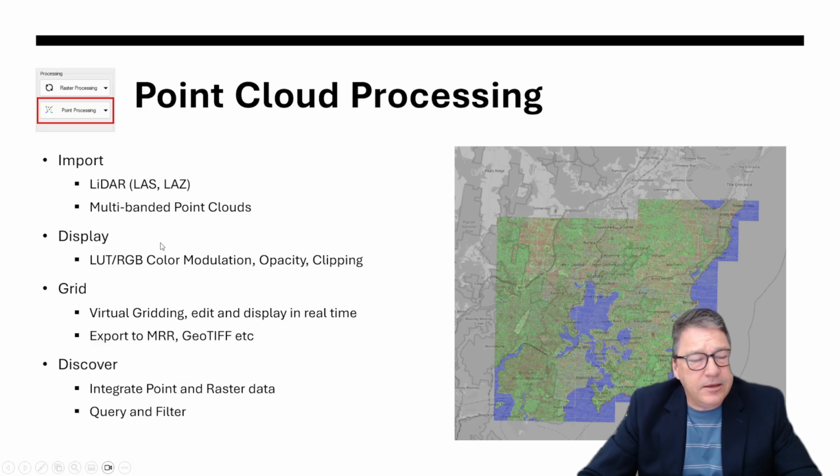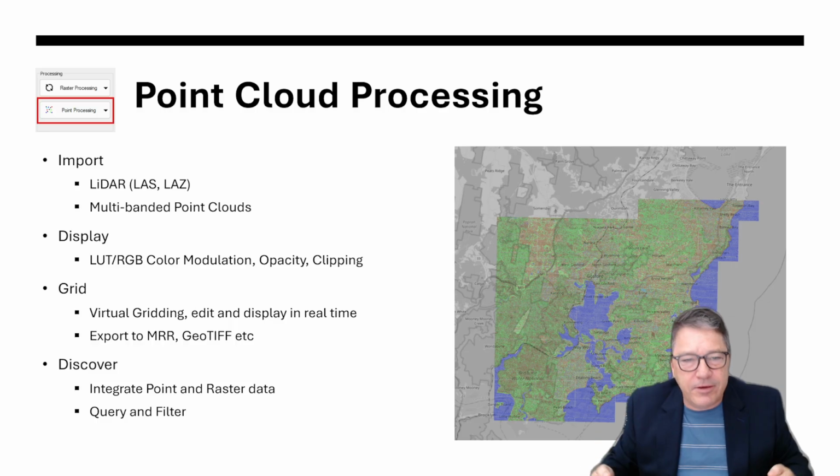So in a standard MRD rendering algorithm, you can display your points alongside your contours, your imagery, your mapping in 2D, in 3D, etc. using color table modulation or RGB color modulation, with opacity modulation and with clipping, all in real time.